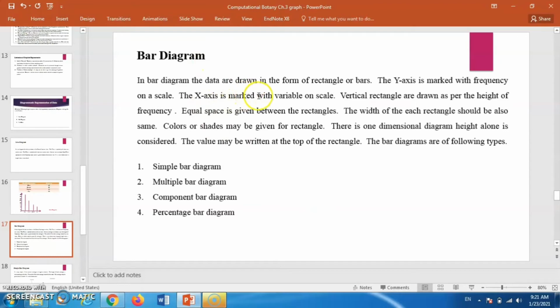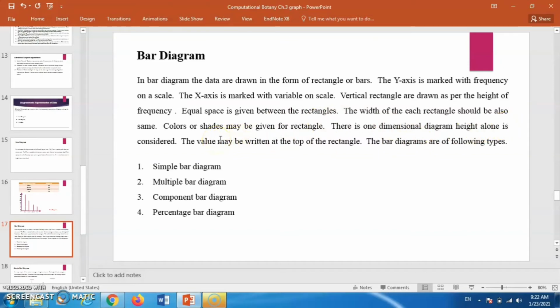In a bar diagram, the data are drawn in the form of rectangles or bars. The y-axis is marked with frequency on a scale. The x-axis is marked with the variable on a scale. Vertical rectangles are drawn as per the height of the frequency. Equal space is given between the rectangles. The width of each rectangle should also be the same.